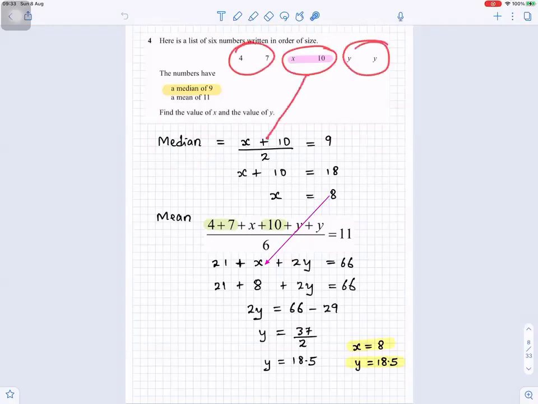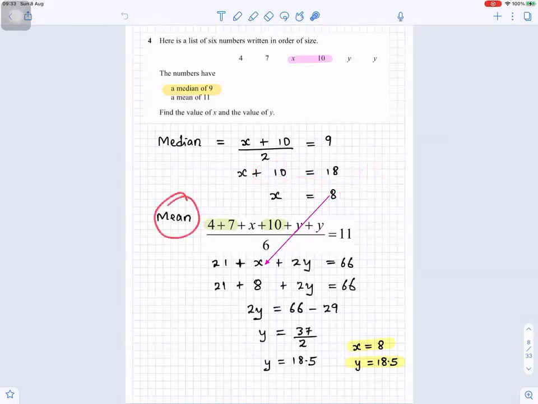X plus 10 divided by 2 is equal to 9. So divide by 2 goes to the right, it becomes times 2. 9 times 2 is 18. Plus 10 goes to the right as minus 10. 18 minus 10 is 8.